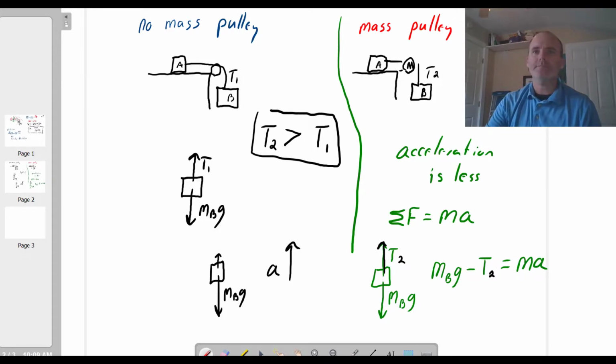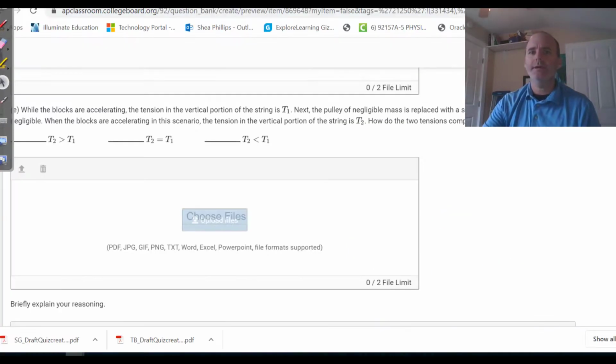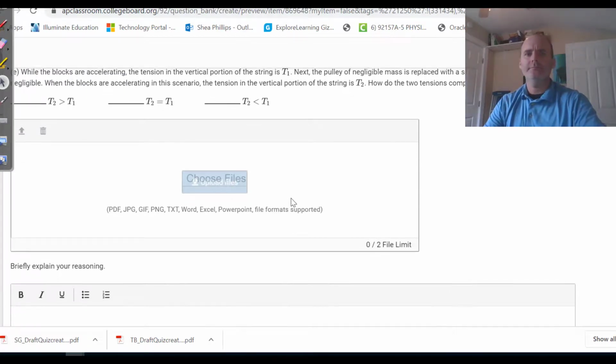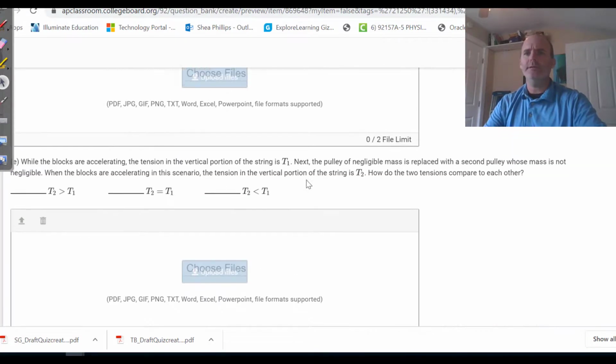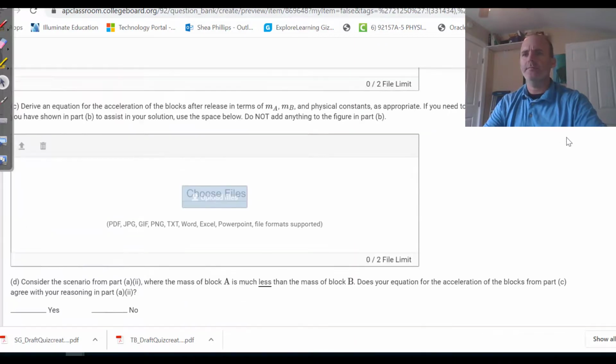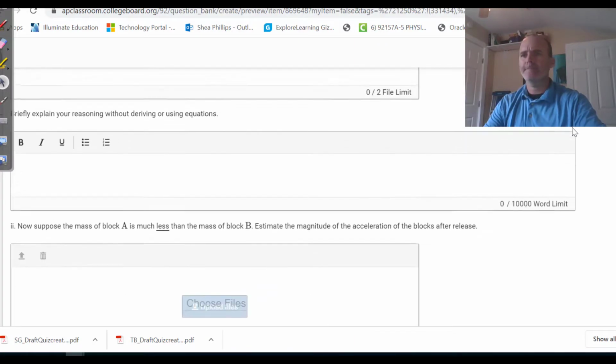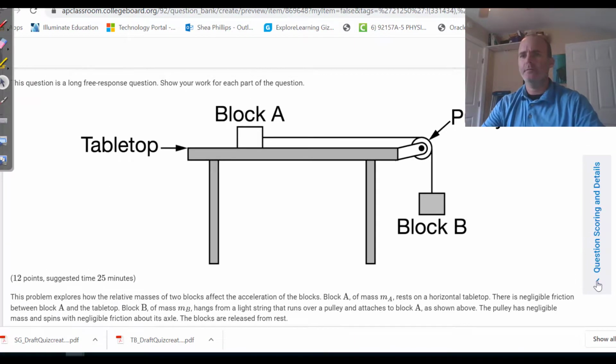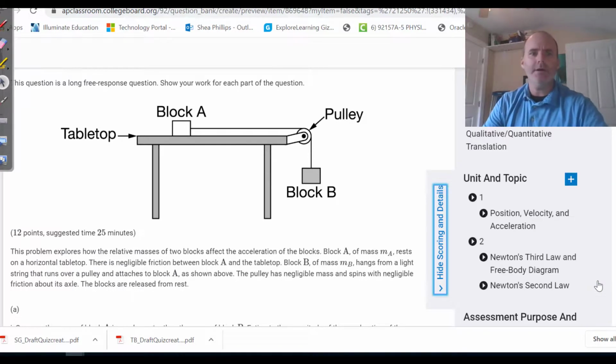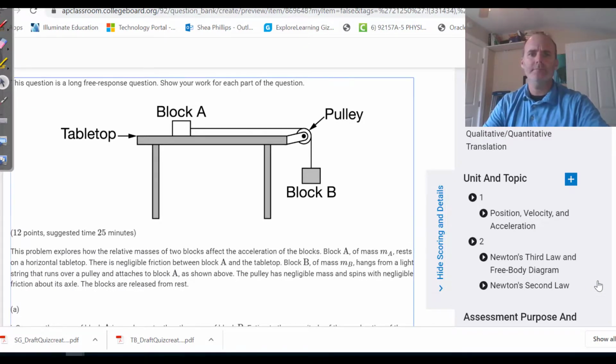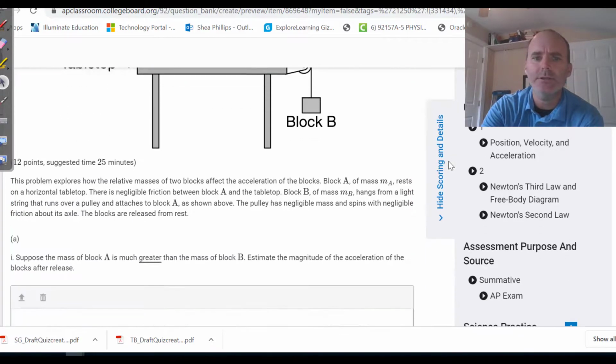All right, so let's look at the points here for this rubric. Let's go down and check this out.